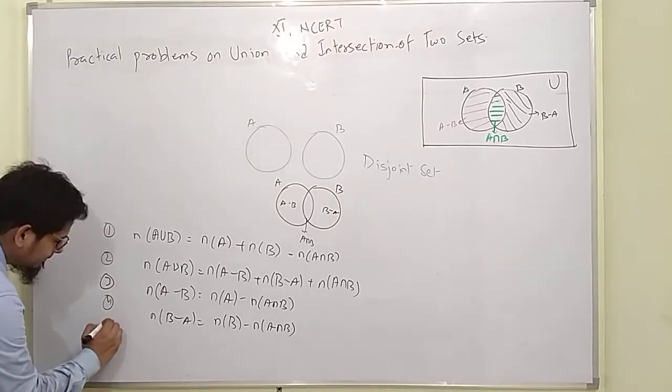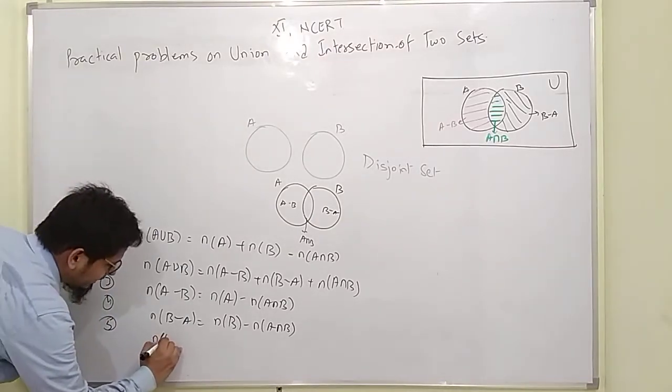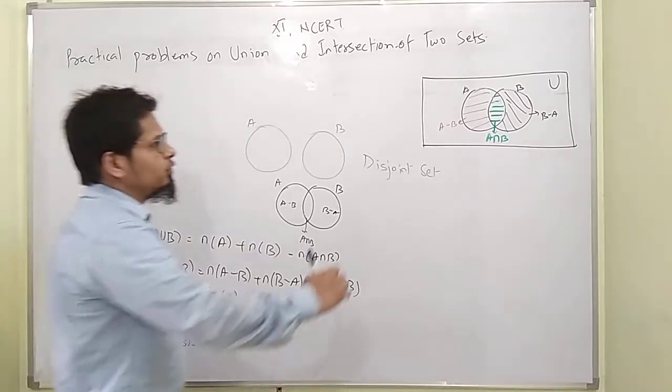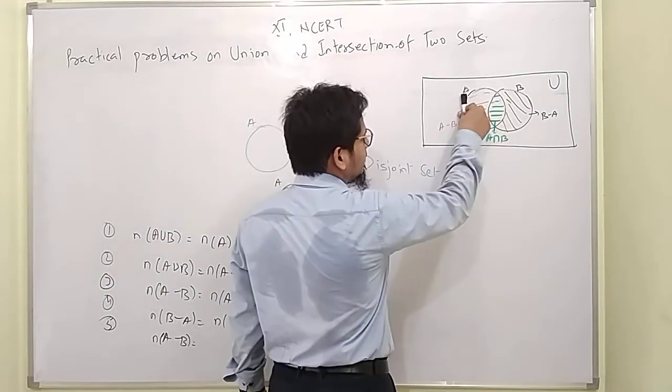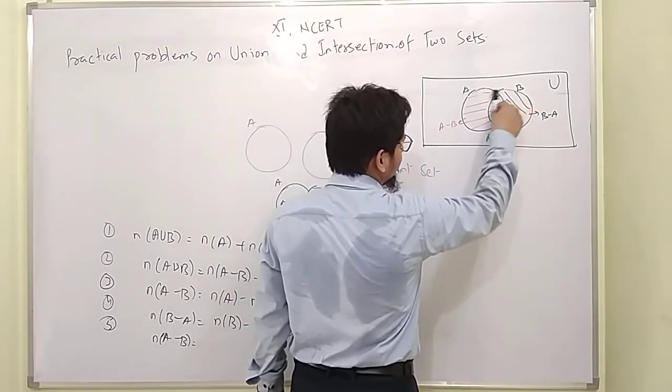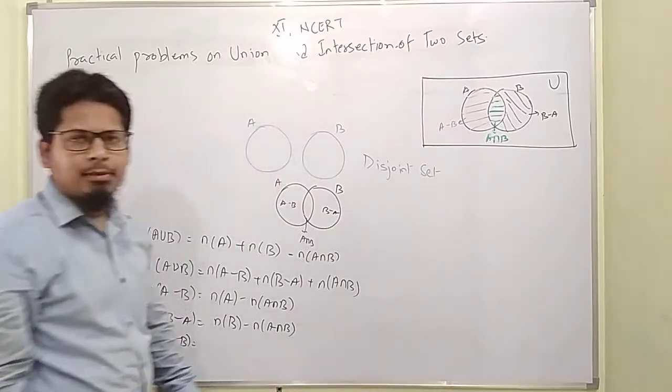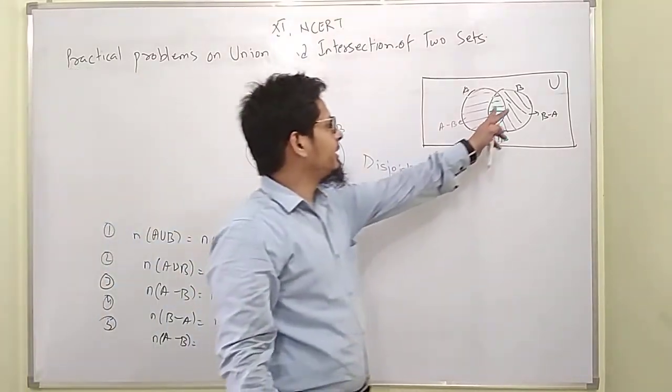The fifth result, again write n(A minus B). It is also equal to, if you subtract the set B from the whole figure, then you will get the red part. The whole figure is the red, green and black parts.